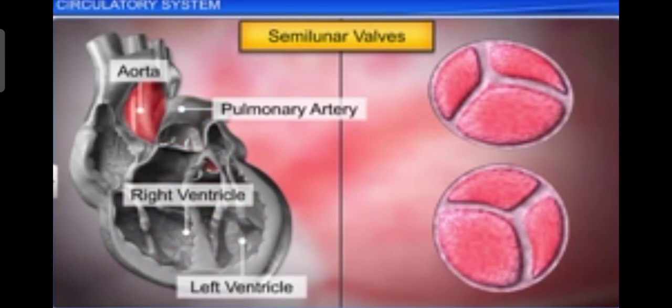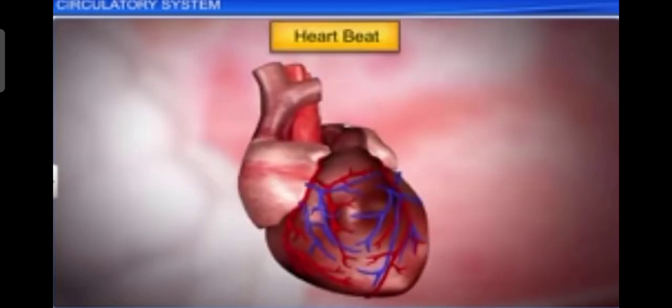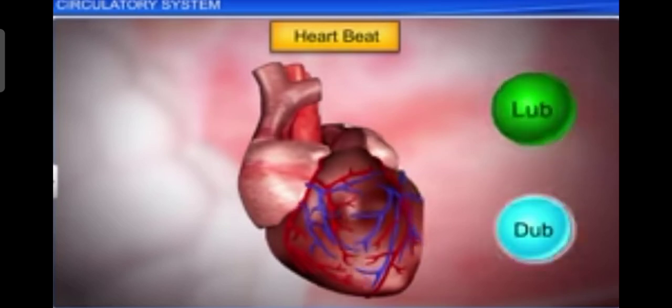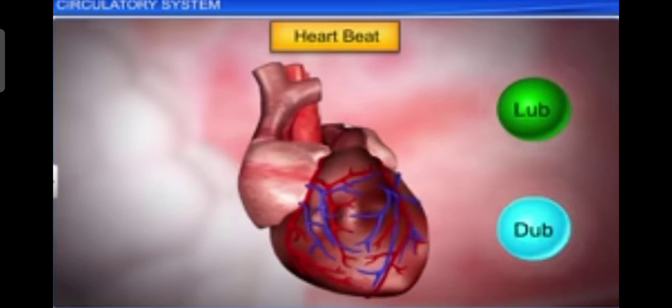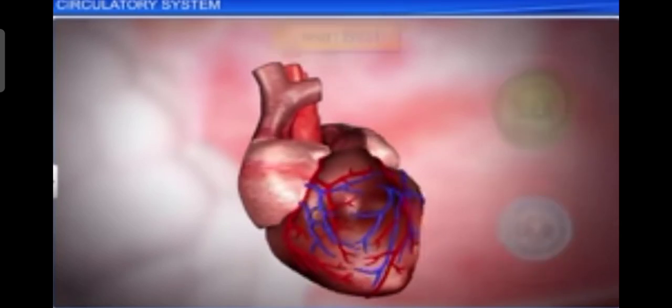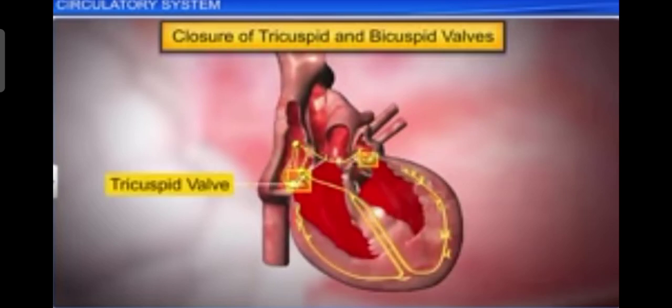The valves in the heart allow the flow of blood only in one direction, from the atria to the ventricle and from the ventricle to the pulmonary artery or aorta. Heartbeat has two lub-dub sounds.